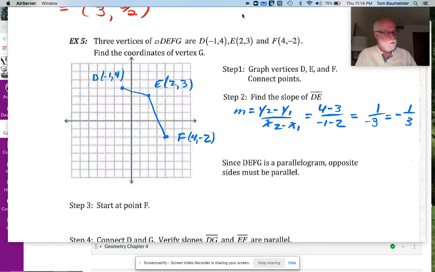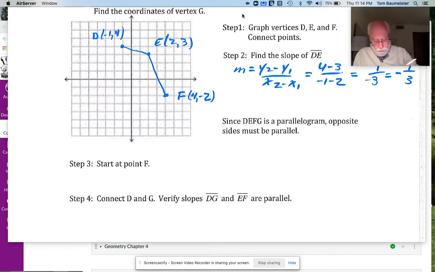So now remember, since DEFG is a parallelogram, opposite sides must be parallel. So what we're going to do is we're going to start at point F. All right. And when we start at point F, we're going to go according to what our slope says.